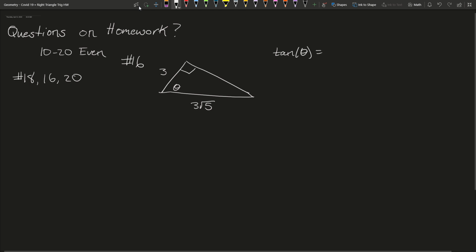Tangent is opposite over adjacent. Step one from the last class is just to determine what sides we have. We can find the hypotenuse by drawing a line from the right angle to the other side of the triangle.